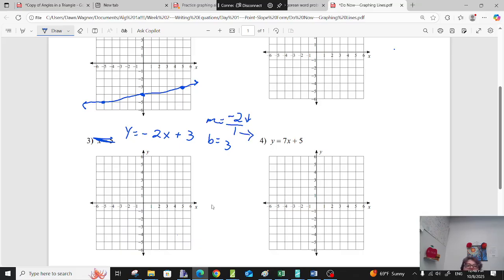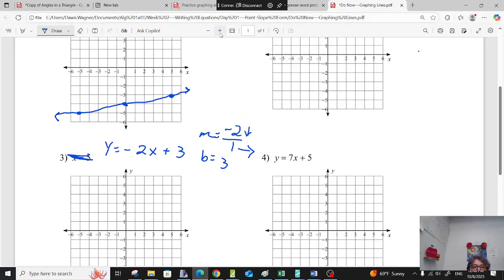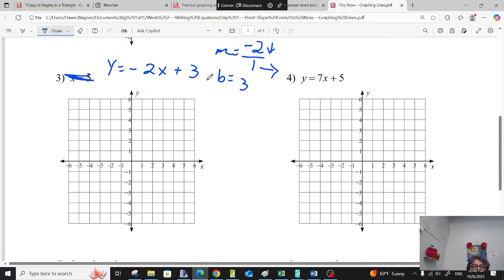I can make this bigger. Do you want me to make this bigger for you? Is that better? Okay. So now what do I do? Now you go to the point in the middle, start there. Not yet. You always do the y-intercept first.